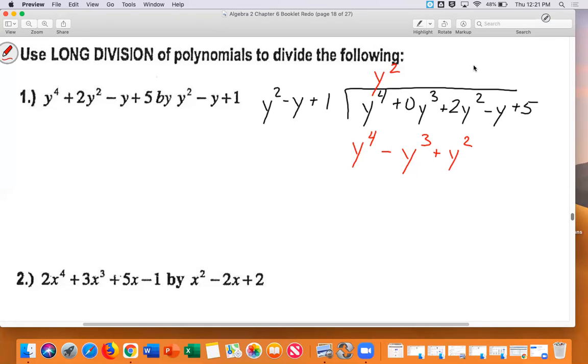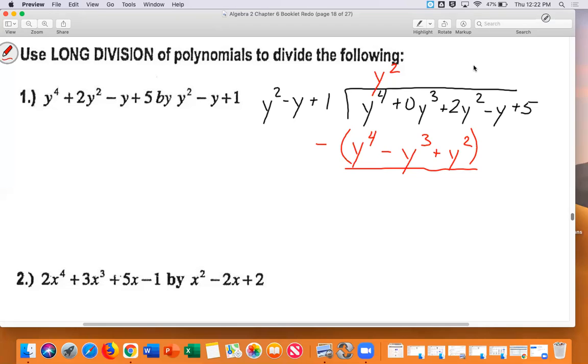Now, when we did long division, what would I do at this step? Subtract. So when I am here at this step, I still have to subtract. So I put a negative sign, or parentheses with the negative sign. Now, y to the 4th minus y to the 4th, they cancel. 0, right? That's what I want.